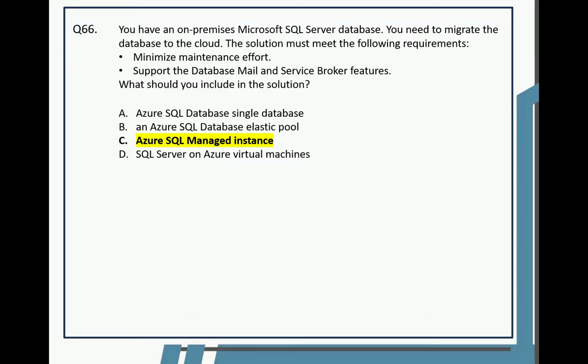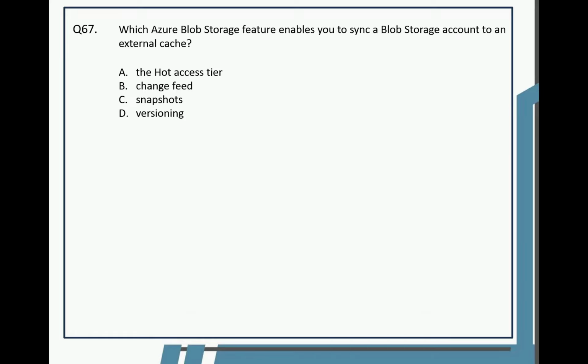Now, the statement for question number 67 is, which Azure Blob Storage feature enables you to sync a blob storage account to an external cache? Your options are the hot access tier, the change feed, snapshots, versioning.